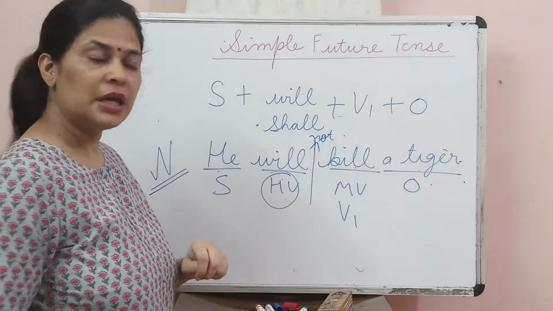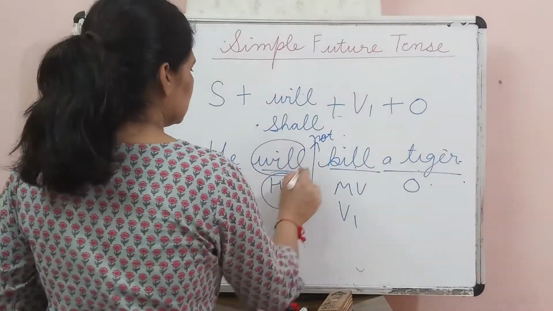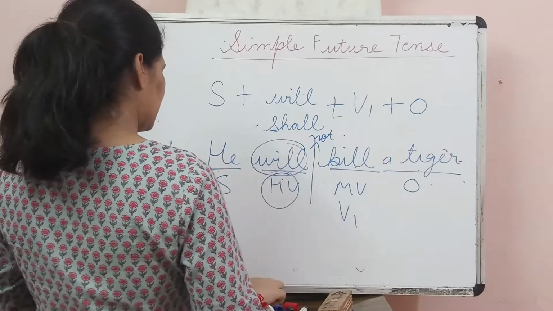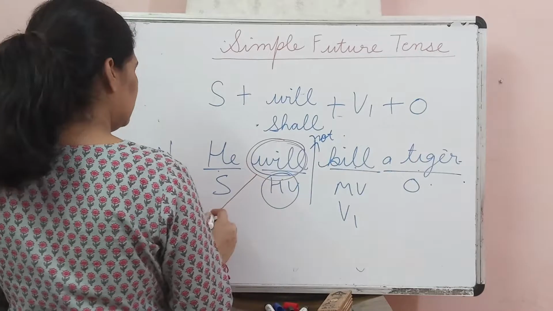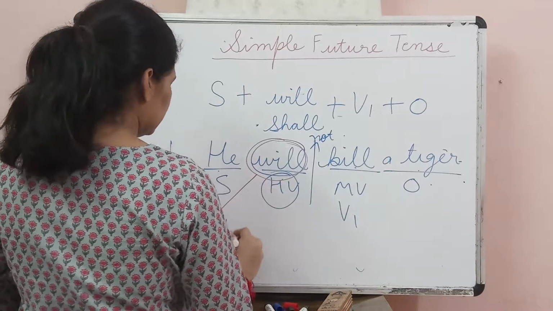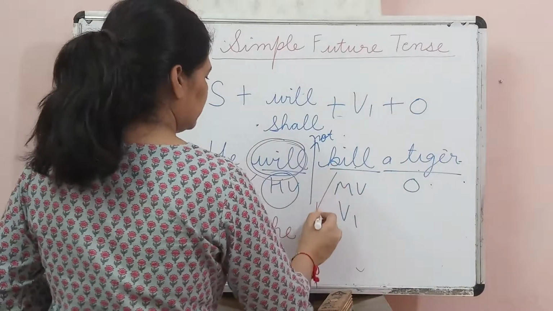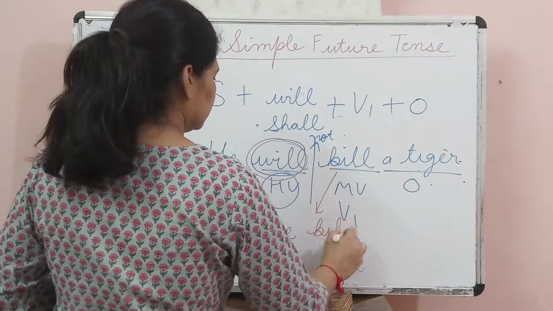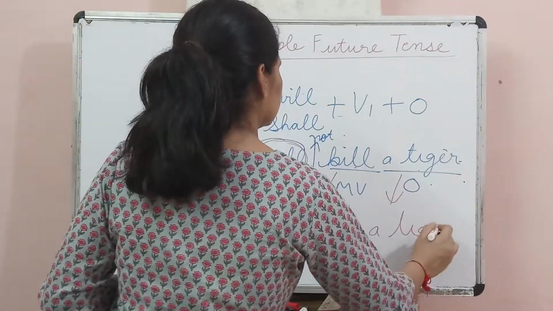Now how to make the interrogative of the sentence? You know that this is the helping verb, and now we are going to bring this helping verb in front. Will he kill a tiger?